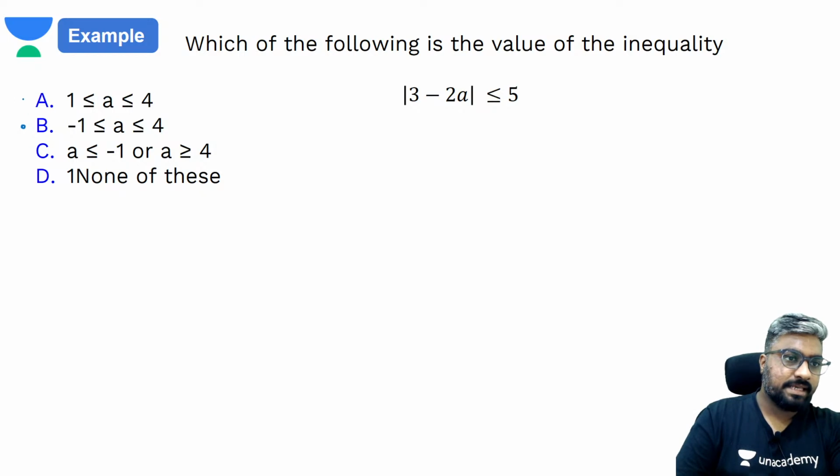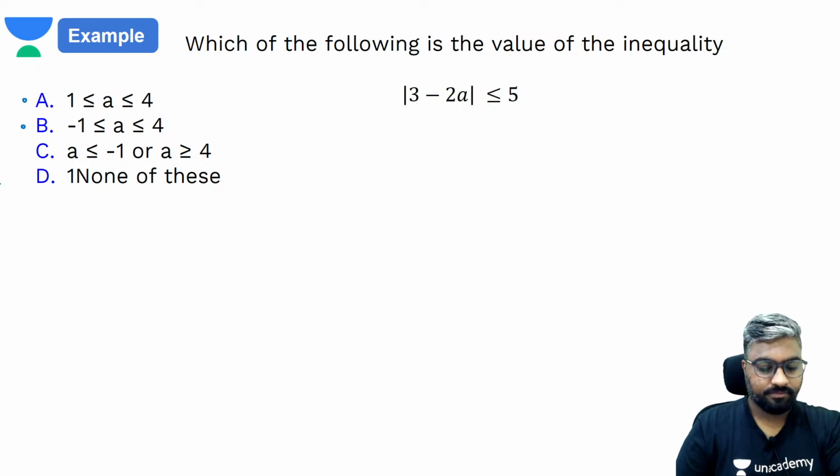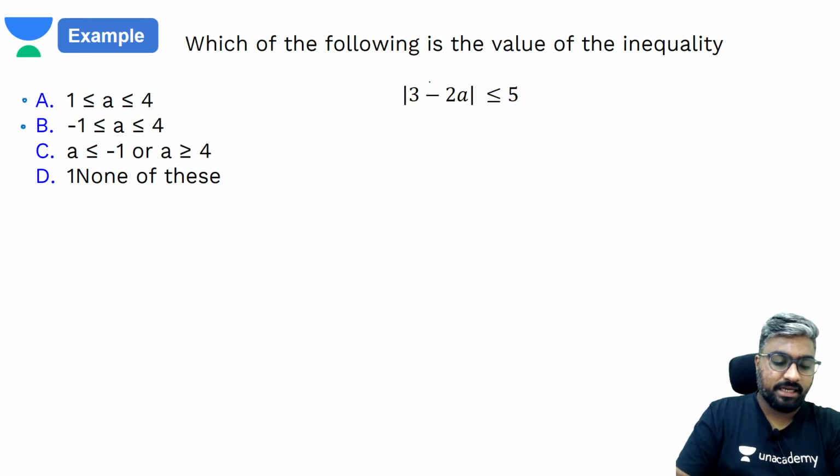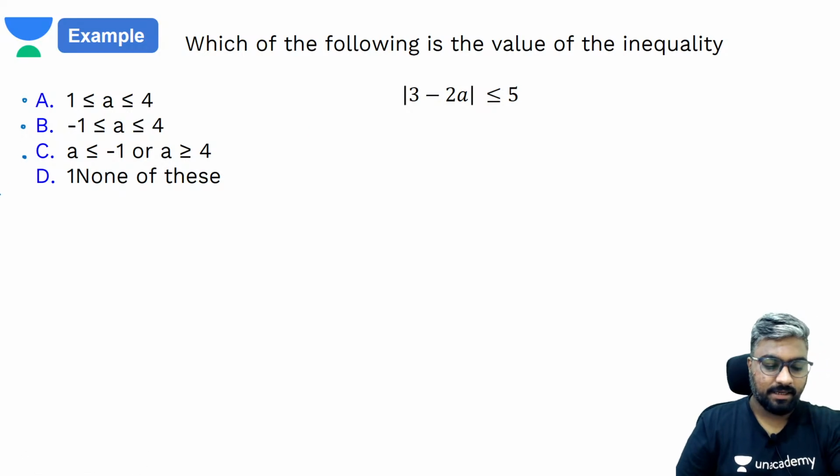Punya and Shlok say A. All right, here what you have to keep in mind is that the variable is associated with a negative sign. Okay, please be careful with that. Variable associated with a negative sign. Mark C.